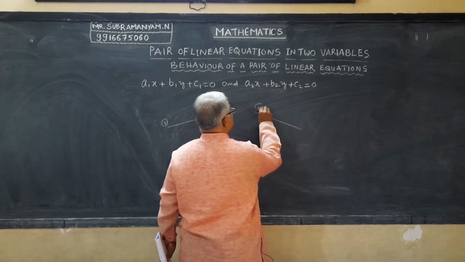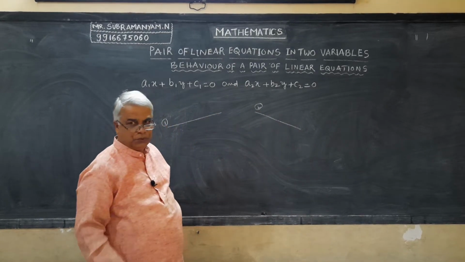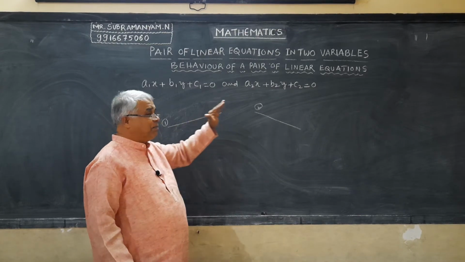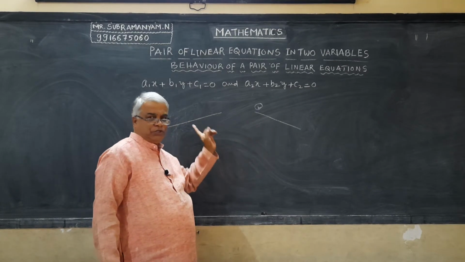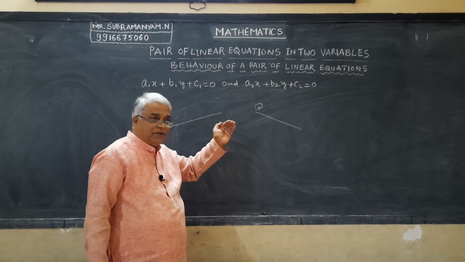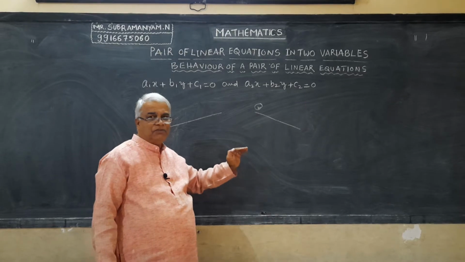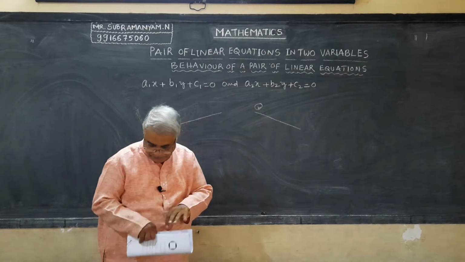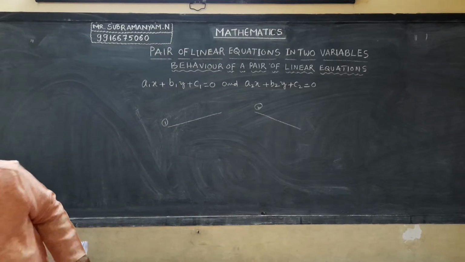Let us call it equation 2 or line 2. Now we have to study what type of lines we get. We are sure we will get two lines. Now we are going to study the different varieties of lines that we are going to get when we draw the graph.